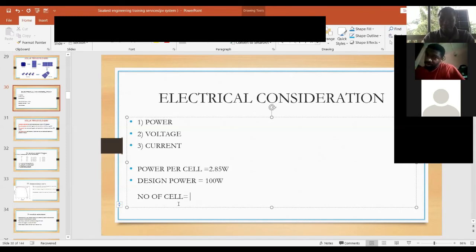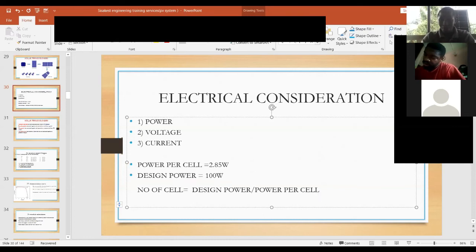Because power is a conserved quantity, that will be design power, everything divided by power per cell. I hope we understand.